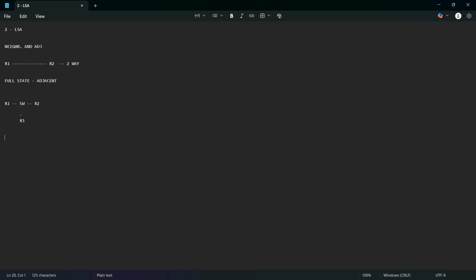Let's suppose here we have three routers. The total routers here is three, and the adjacencies that they will form will be three.